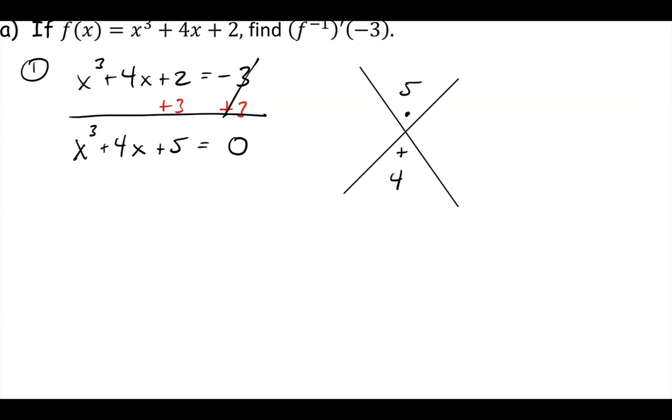So even if we could factor, it doesn't work, right? And we can't use quadratic formula because it's not quadratic, it's cubic, right? Quadratic means the highest power is 2, okay?